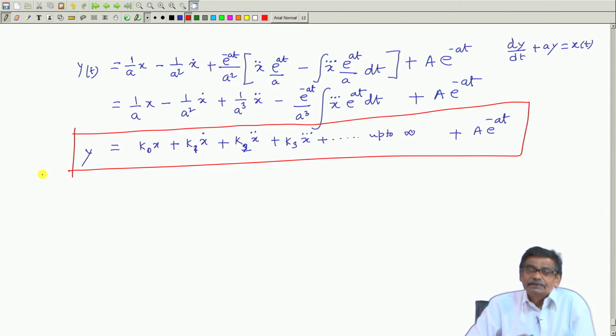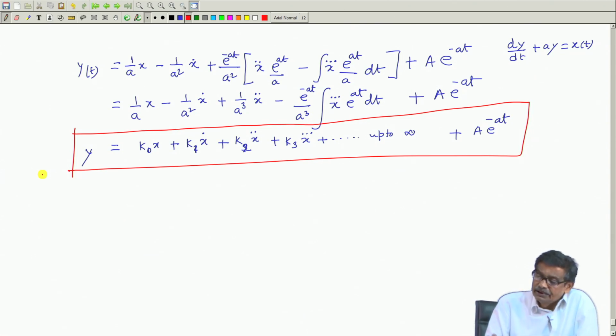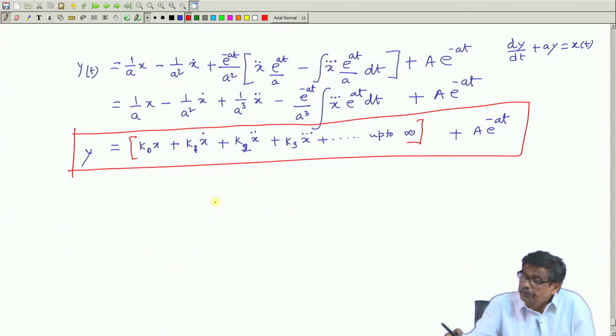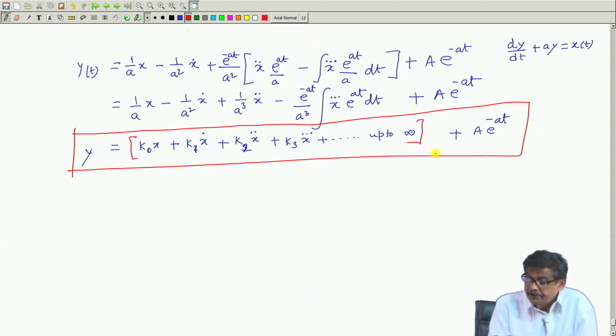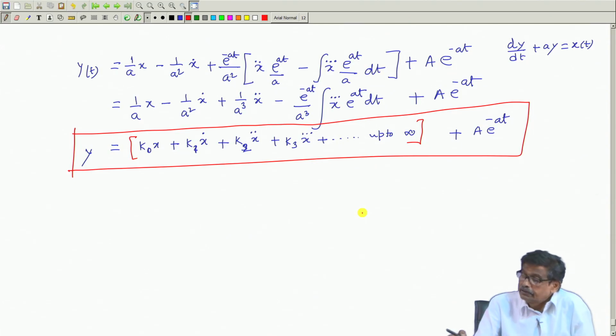Now, in language, if you look at this one, you will see that this solution has two parts. One part depends on the input and its higher order derivatives up to infinity, plus another term which does not depend on the input signal x t, but depends on the system characteristics, R by L for example in the case of an RL circuit; this a is the system constant.